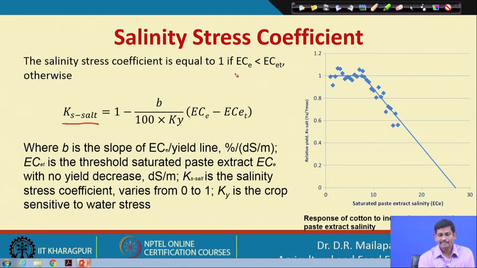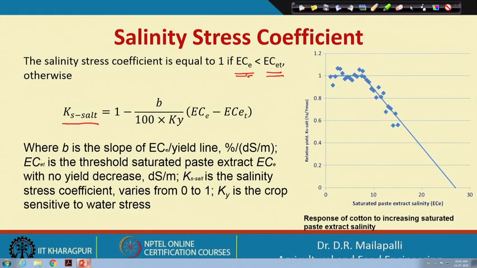Here ECe is the soil salinity and ECet is the threshold soil salinity, beyond which the crop yield is going to reduce and start showing a reduction. If your soil salinity is less than the threshold, then the salinity stress coefficient is 1, because it is not going to influence the yield.